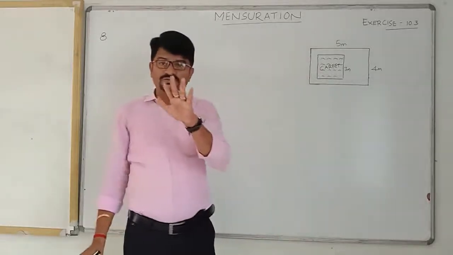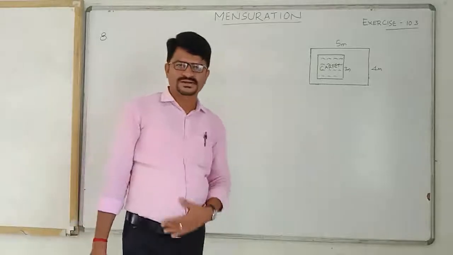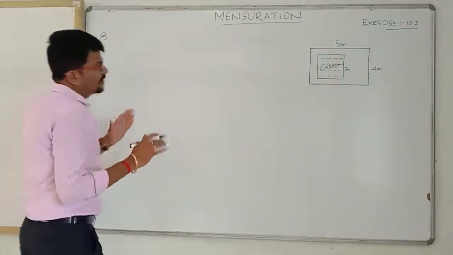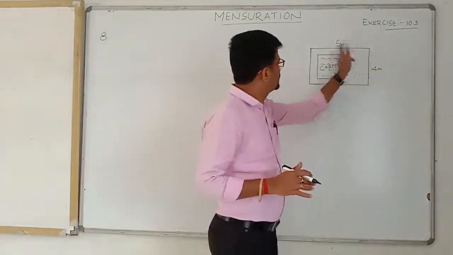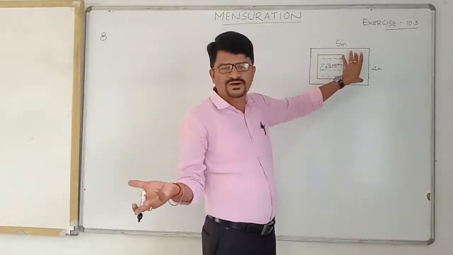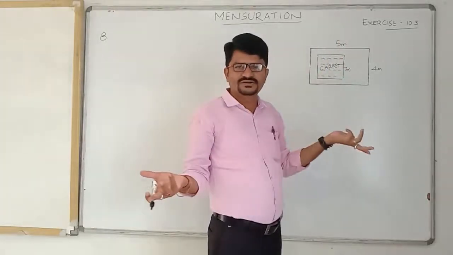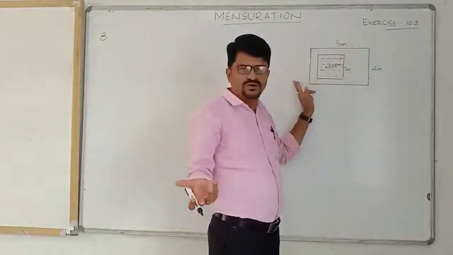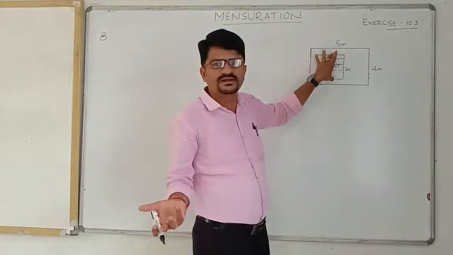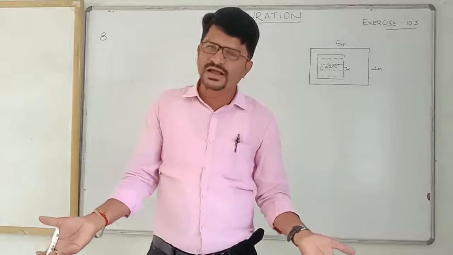Then how much floor is not carpeted? Now, the remaining portion, how much area is empty without carpet? That we need to find. The total area of the floor minus the area of the carpet will give you the remaining place which is not carpeted. Am I right?